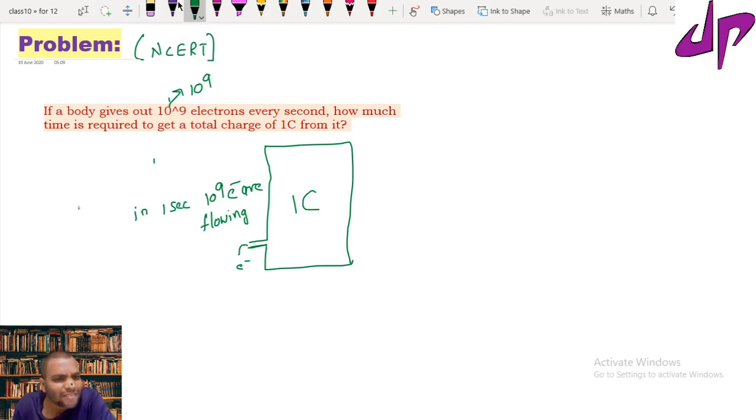I want to calculate the time required to empty this tank. That's the simplest way I was thinking. To solve that, the number of electrons given out by the body in 1 second is 10 power 9.